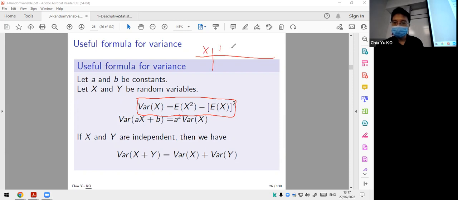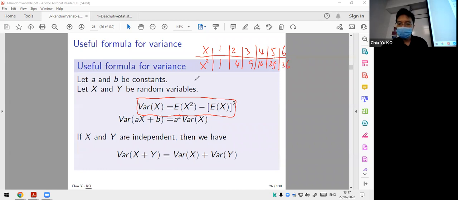X, you have 1, 2, 3, 4, 5, and 6, right? So x squared will be just 1, 4, 9, 16, 25, 36, right?